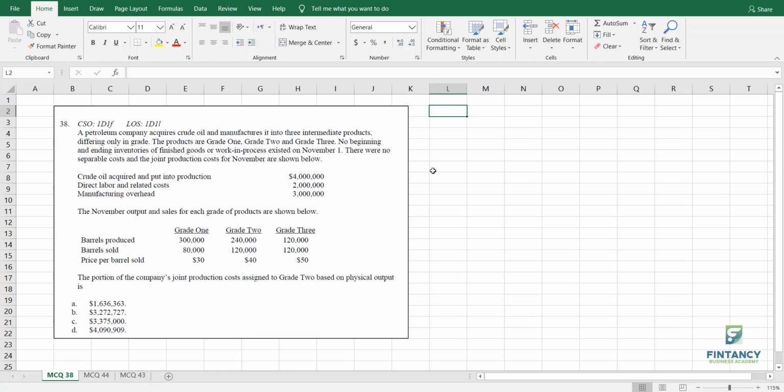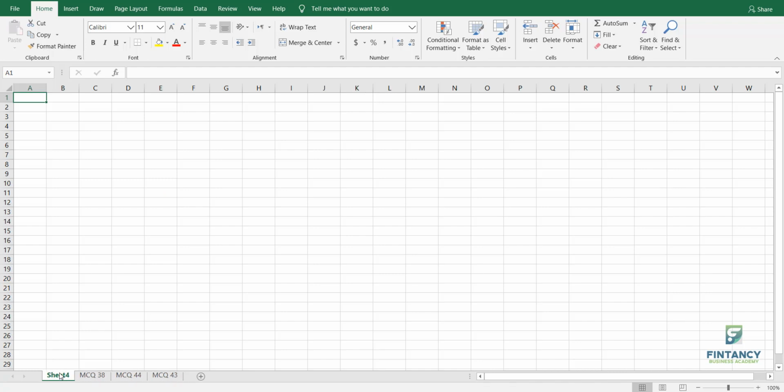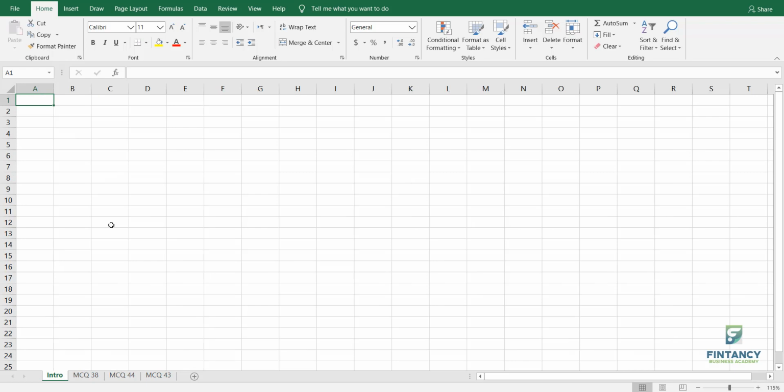So why 3 MCQs? Because in joint costing, there are 3 methods. I will just make another sheet for you, like an intro sheet, with the types of joint costing. I will give you a brief overview of what we are going to talk about.